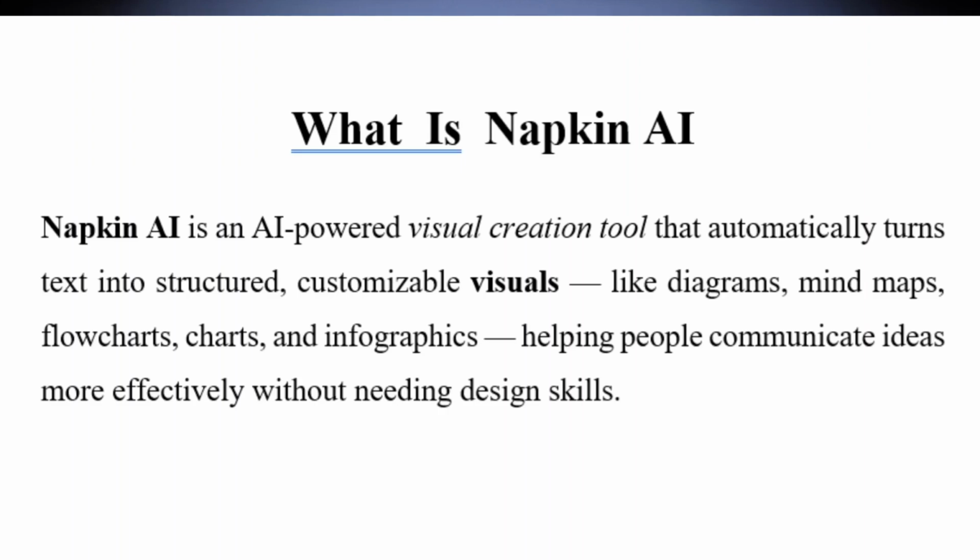But before then, let me explain what this Napkin AI is in the first place. Napkin AI is an AI-powered visual creation tool that automatically turns your text into structured, customizable visuals.